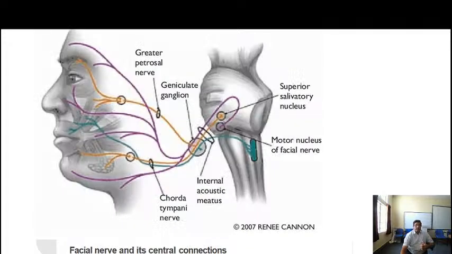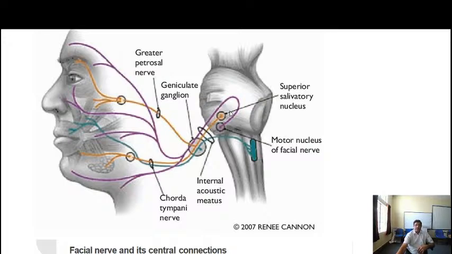Now, this is another diagram which will also tell us the connections of the motor nucleus, the violet one, how it goes backwards and ultimately supplies the muscles of facial expression. We'll come to the various branches later.